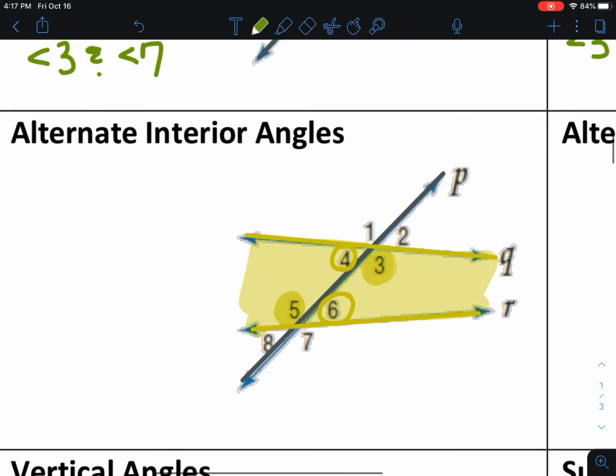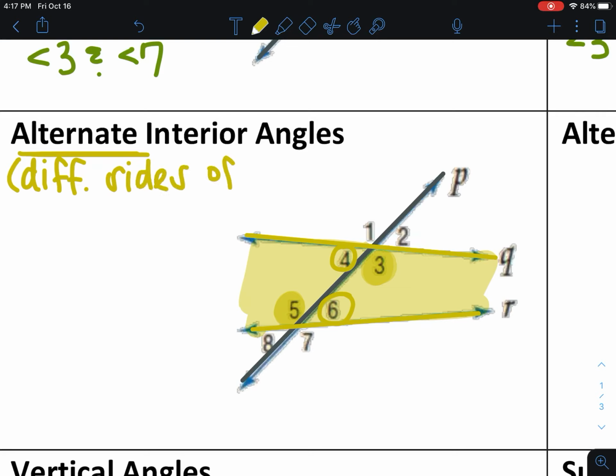Alternate interior angles. So the word alternate means different sides. Different sides of the transversal. All right, so you need two angles that are on different sides of the transversal, like this one and this one. You see how they're on different sides of the transversal?